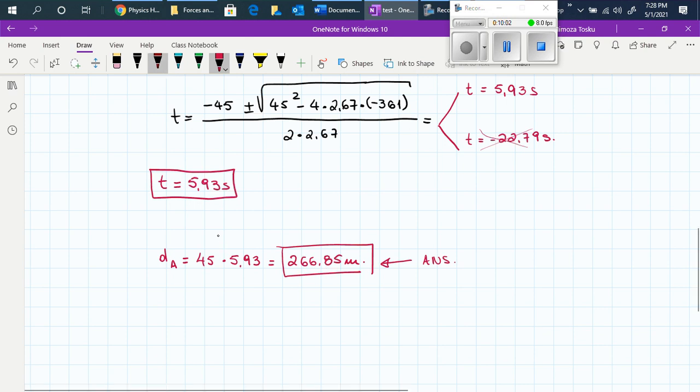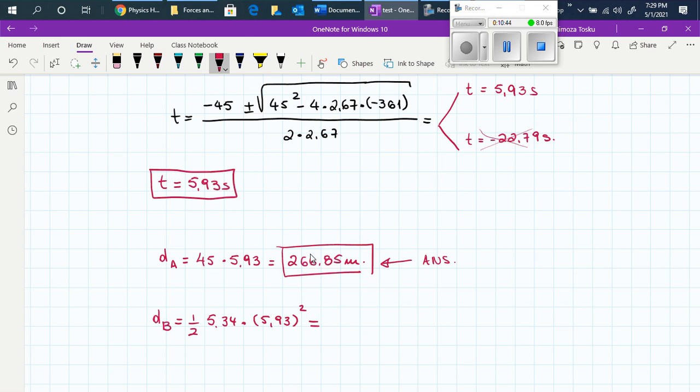However, a confirmation you can do to make sure the answer is right is to calculate the distance that B is traveling. So it is 0.5 times 5.34 times 5.93 squared, and check if the sum of the two is 361.